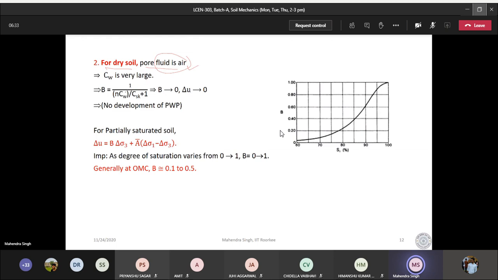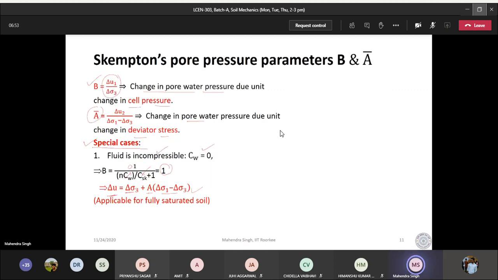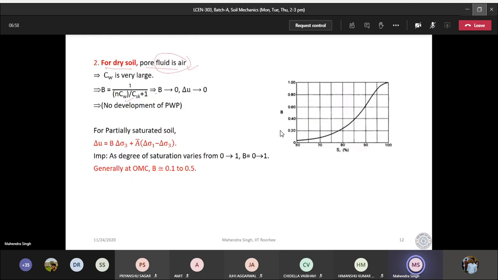So in that case, the compressibility is very large here, so this value is quite large, and when you put 1 upon a quite large value, the B value will be very, very small, and delta U will tend towards 0.